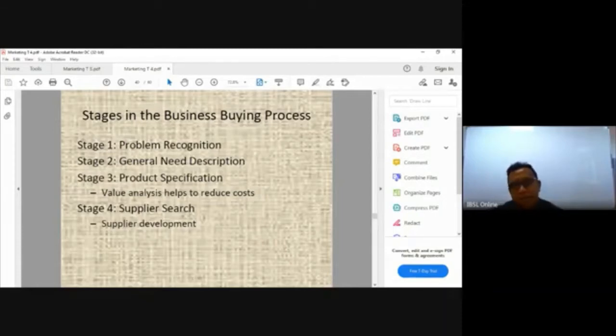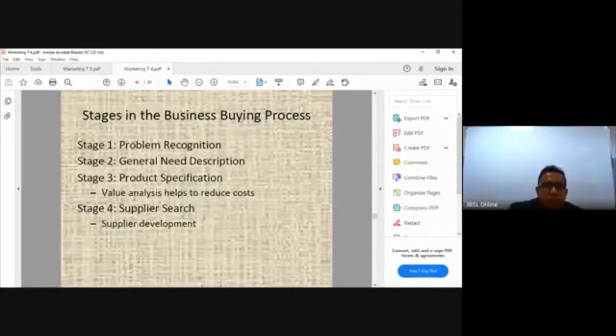As you remember, in individual buying there are five steps that we discussed: need recognition, information search, evaluation of alternatives, purchase decision, and post-purchase behavior.